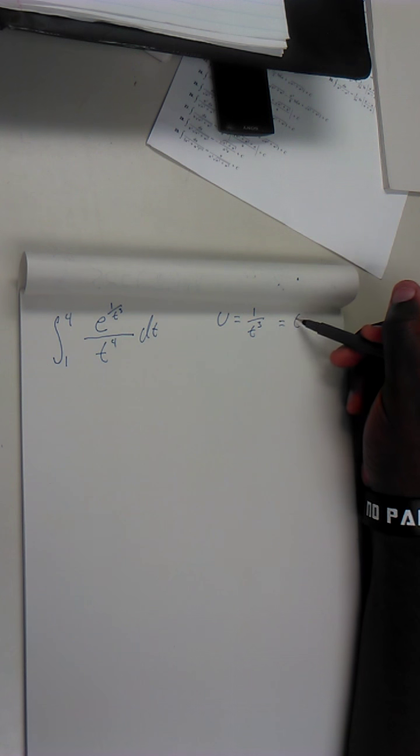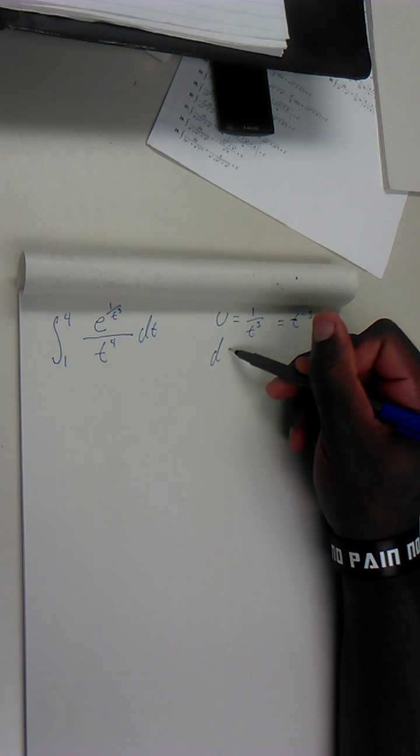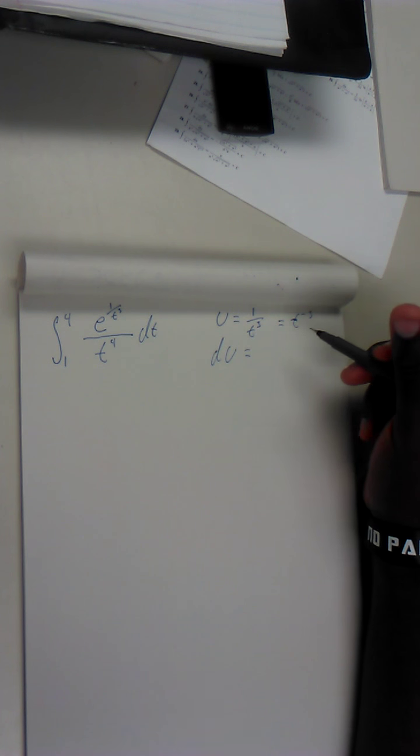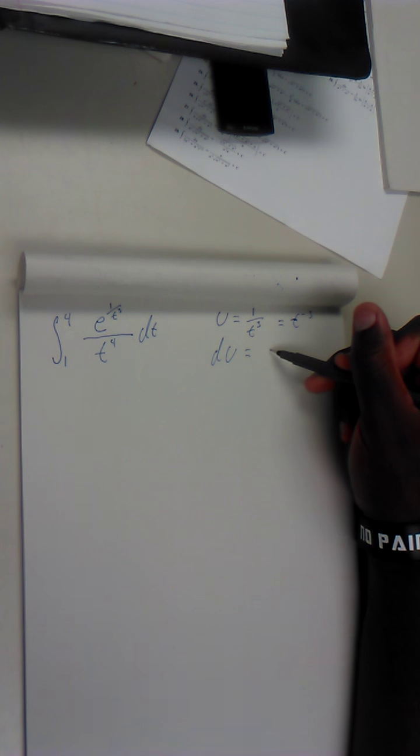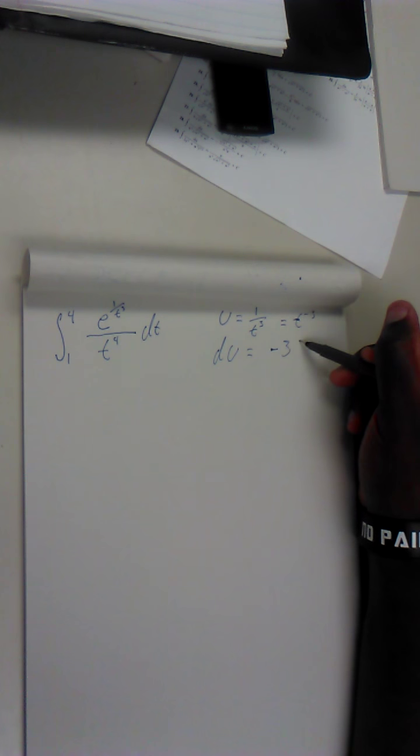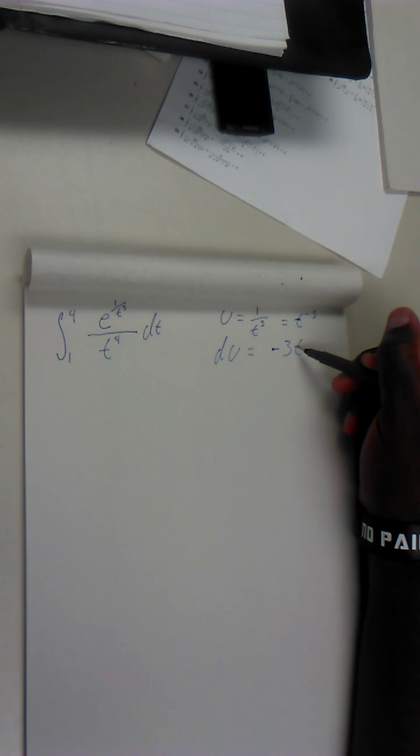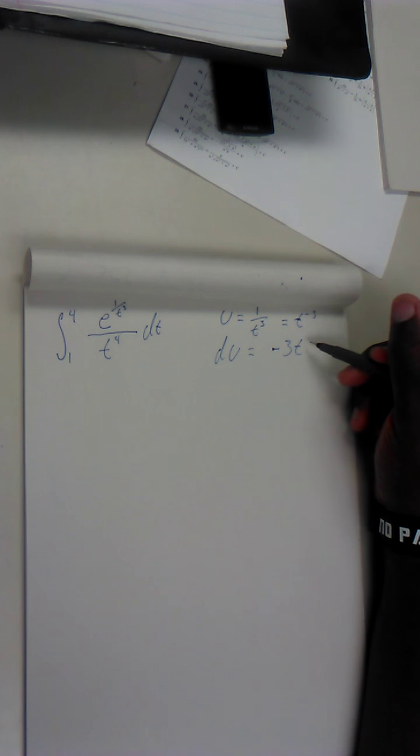Remember, this is the same as t to the negative third. And so the derivative of t to the negative third is -3. Remember, you bring a -3 down, and -3 minus 1 is equal to -4 dt.